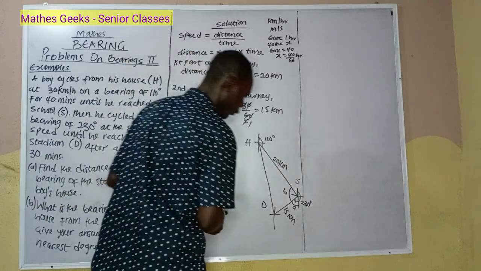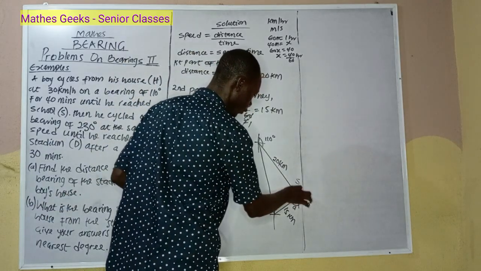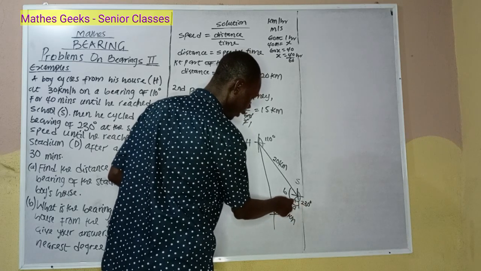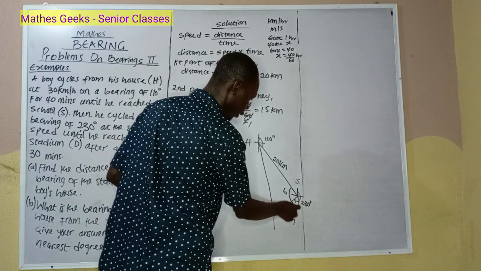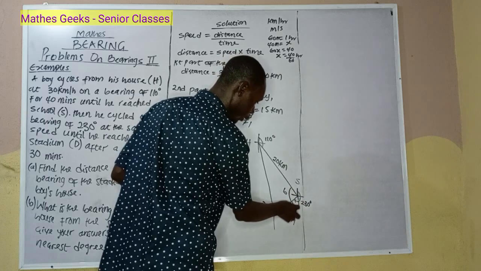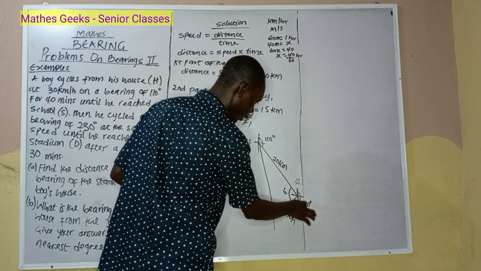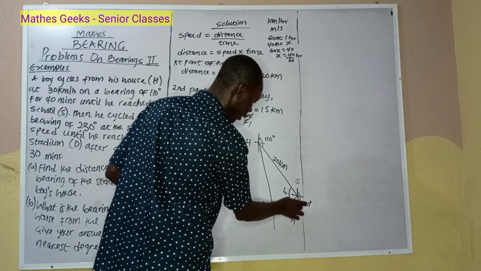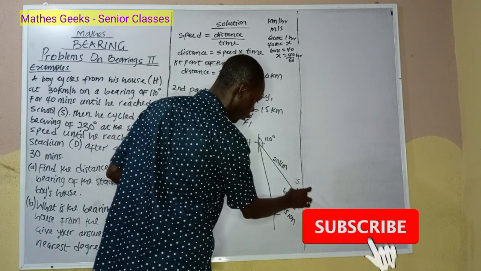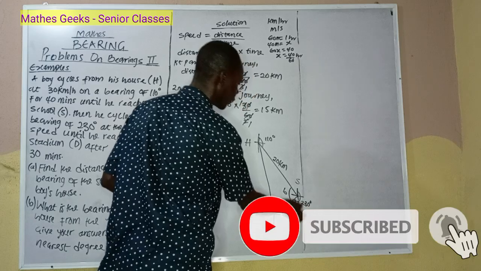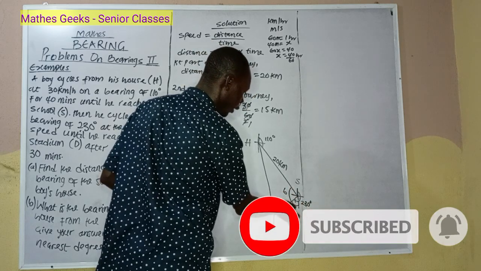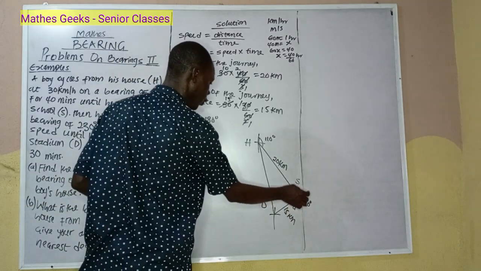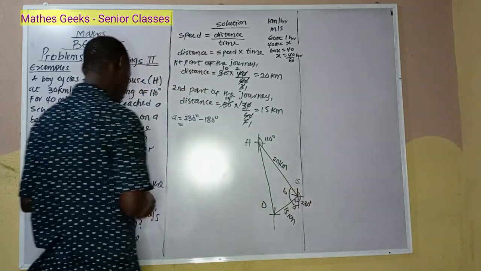Hope you understand why it's 180 degrees: from the north to this line is 230 degrees, which was gotten by adding this part to 180 degrees, from the north to the south. So to get A, we subtract 180 degrees from 230 degrees.